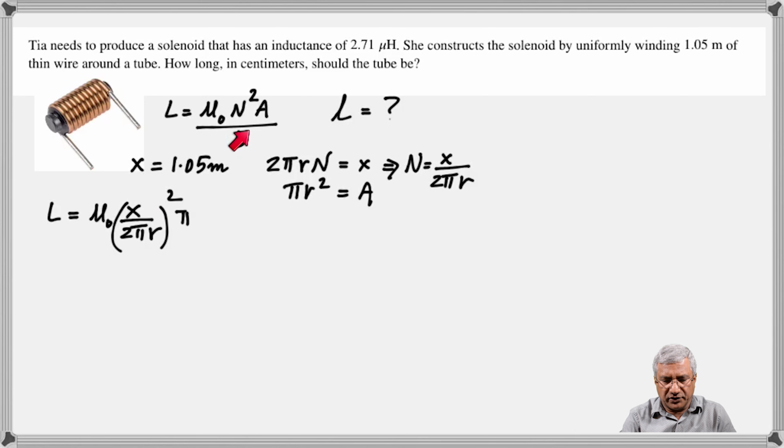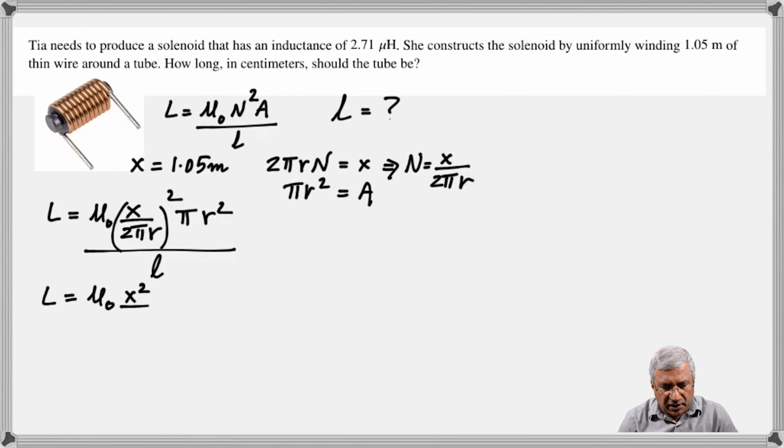And then we have the area. And the area can be substituted as what? Pi r squared, divided by the length of the winding. Now, in the numerator, we can square each term. So that's x squared by 4 pi squared r squared, times the pi r squared, divided by the length of the winding.